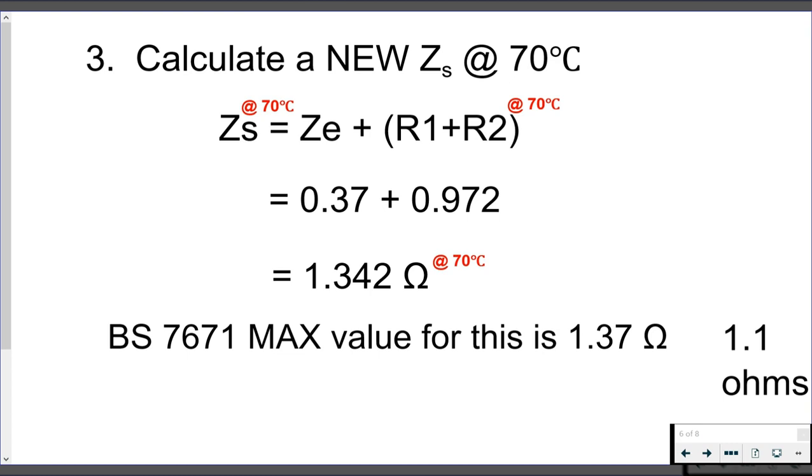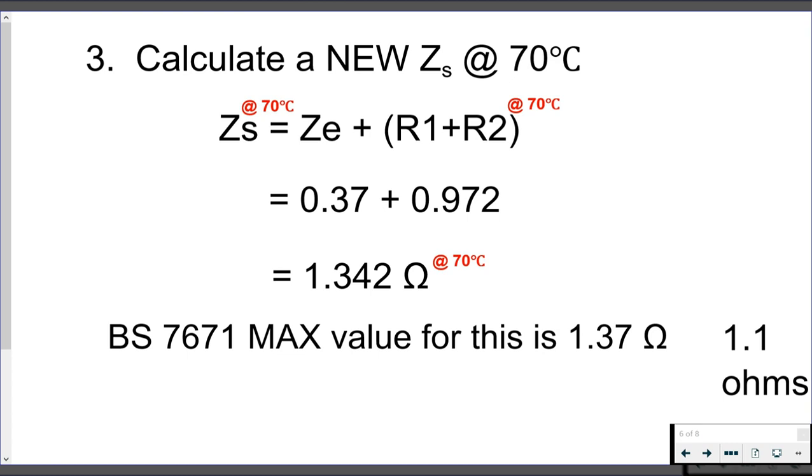Now, in your regulations book, in Appendix 3, it tells us that on site we use this rule of thumb where we take the 70 degrees C, that hotter cable's Zs max value, and apply these correction factors to bring it down to 20 degrees C. So we multiply our BS 7671 max values as a rule of thumb by 0.8 to bring it down to the max value that we can accept on site when we're carrying out these tests.